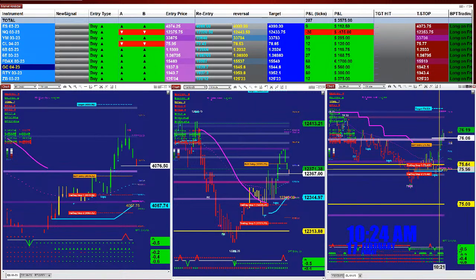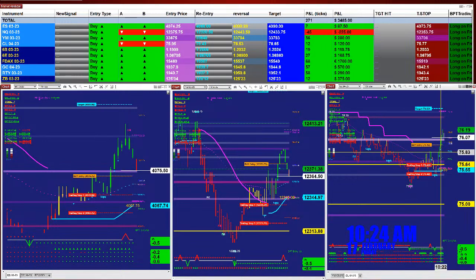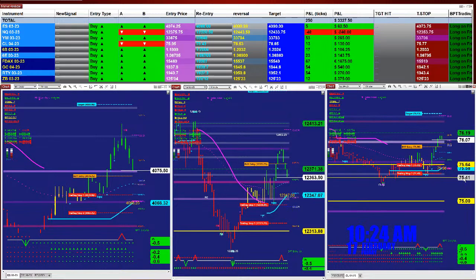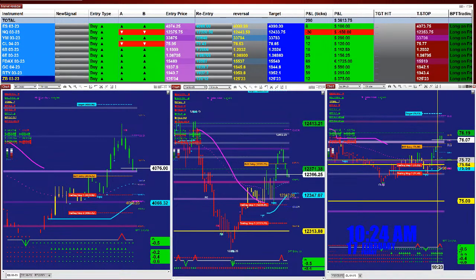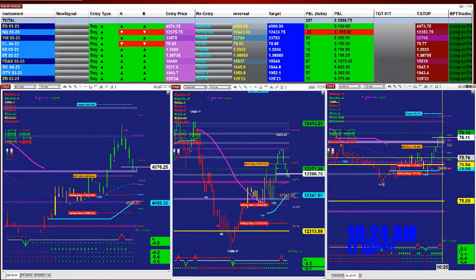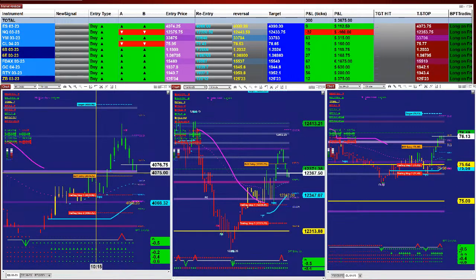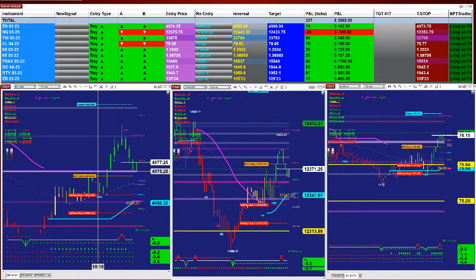Also on the CL, we broke that line, and right now on the CL there is a good entry at 75.76 as a re-entry, a very good position. Now if we notice here, the ES came in, used to be resistance, and came into the support area at 40.75.